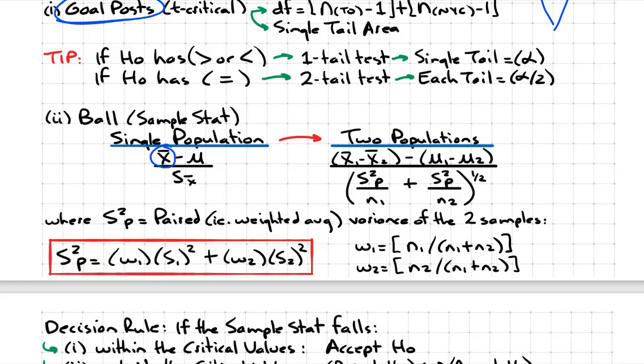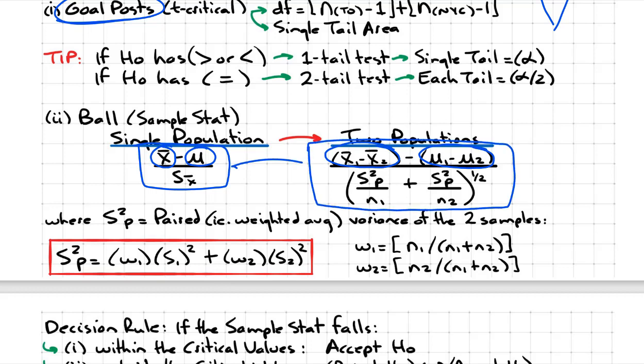Instead of a single sample mean, now I'm looking for the difference between the two sample means. And instead of one hypothesized mean, I'm looking for the difference between the hypothesized means. So do you see how I'm using this base case as a template to come up with the sample statistic when there's two populations involved?